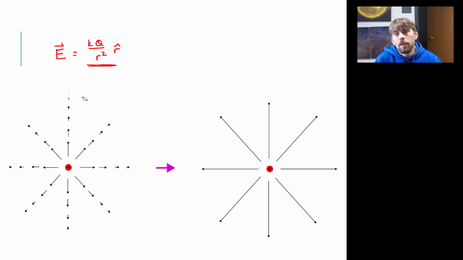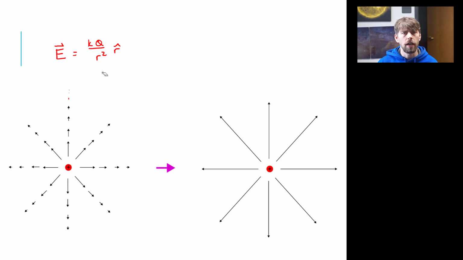It is common to see a vector map drawn like this, only emphasizing the direction of the vectors, not the magnitudes. And of course, since you have this equation, it is understood that the magnitude of the vector goes like 1/r².